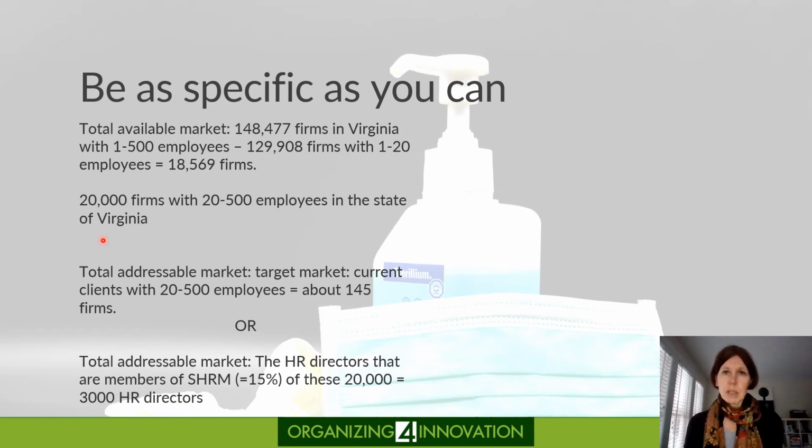That gives you about 3,000 HR directors as an addressable market. Again, what you can see is that the number of the market can be anything you like it to be, basically, as long as there is sound reasoning behind it. And that's what we would like to see on the platform.